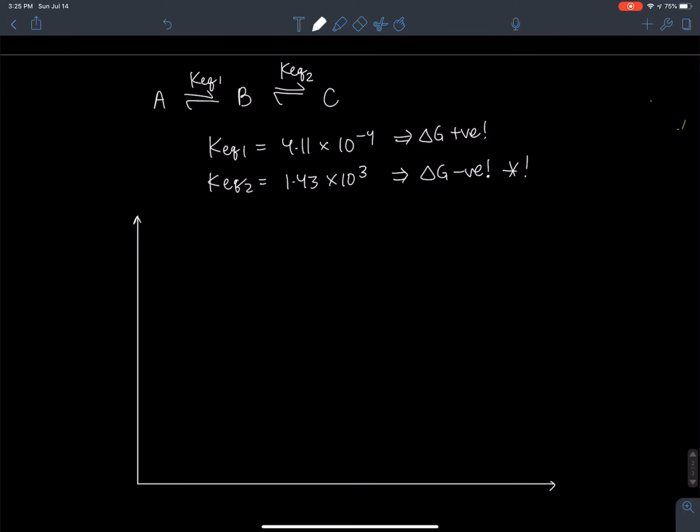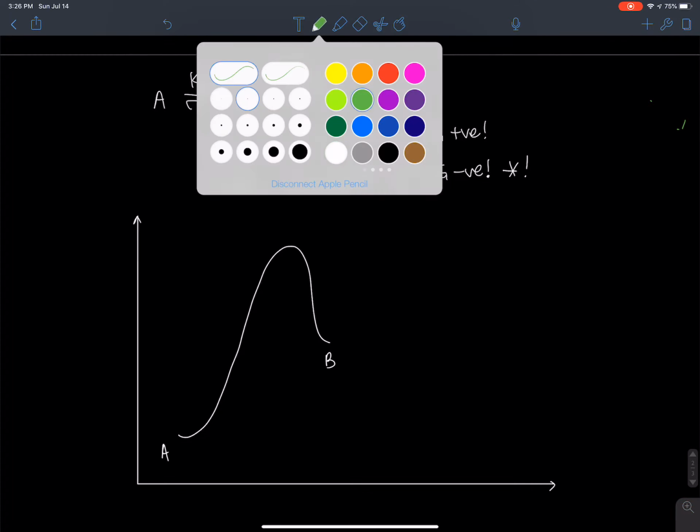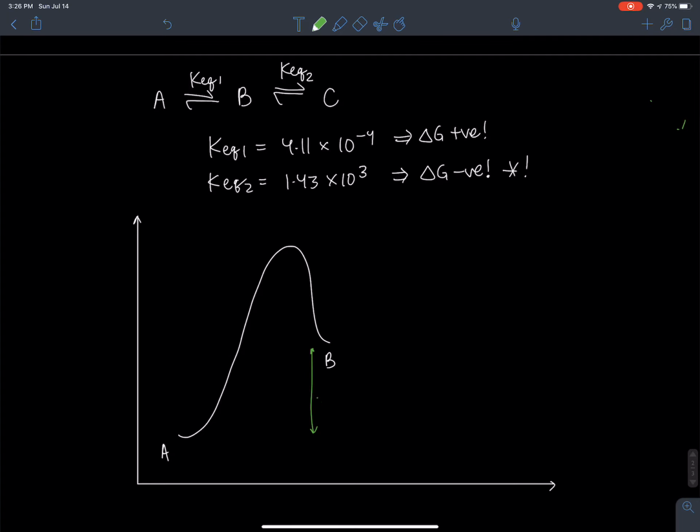What you're going to do is, from A to B, we know that it's going to be delta G positive. So this is A, this is B. We have a positive delta G, which I'm going to use a green color to denote right here, positive delta G. And from B to C, we have a negative delta G.